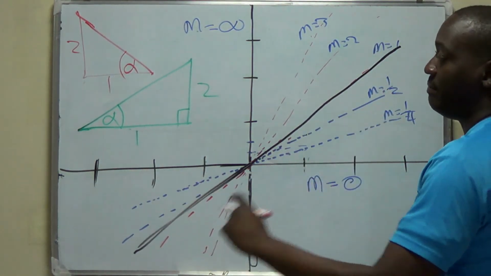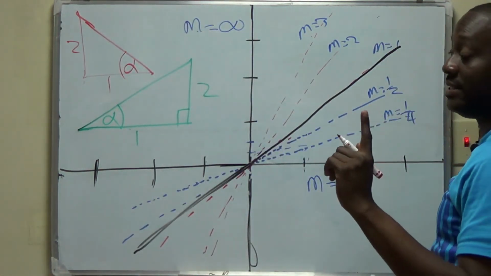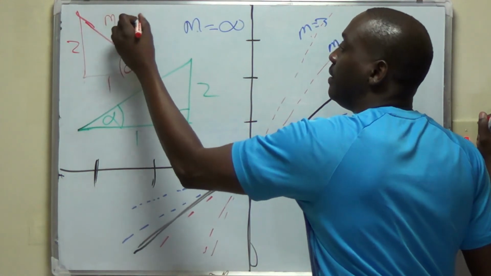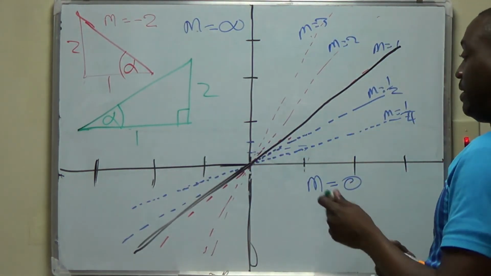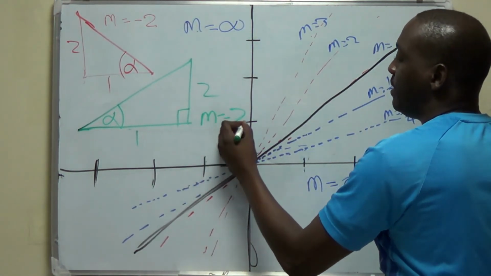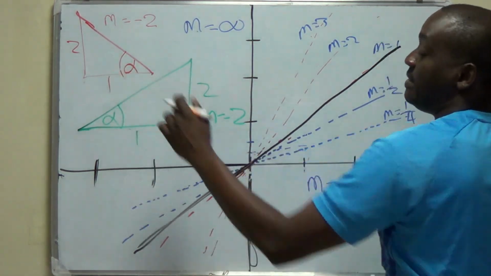The difference, however, is that in this case, we will ascribe a negative sign to the gradient. So while the gradient here would be minus 2, the gradient here would be plus 2. However, the angle would be the same.